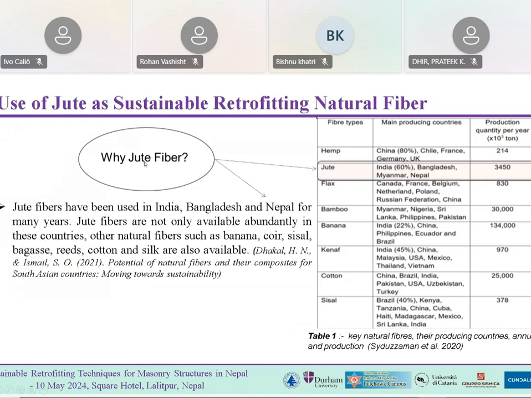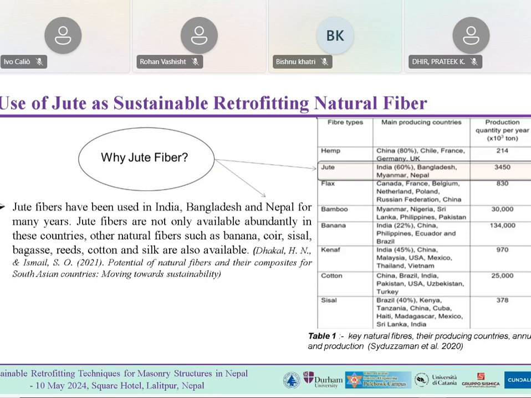It's also easily available in areas like India, Bangladesh, and Nepal. From the literature I have gone through, a large amount of jute is produced in the Terai area, around Biratnagar, where there are some jute factories. So we have selected jute fiber among various options. Why it is sustainable is why we selected this one.